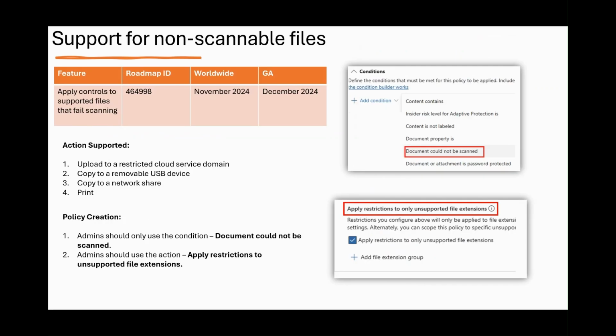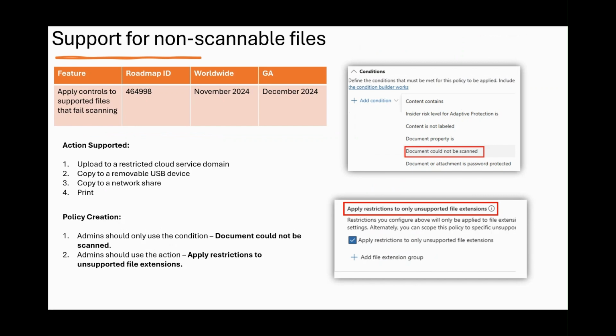In order to take care of these issues, Microsoft has introduced support for non-scannable files. You can find this in the roadmap with the ID number 464998. It has already gone to preview worldwide as of November 2024, and it's expected to go GA this month, December 2024.